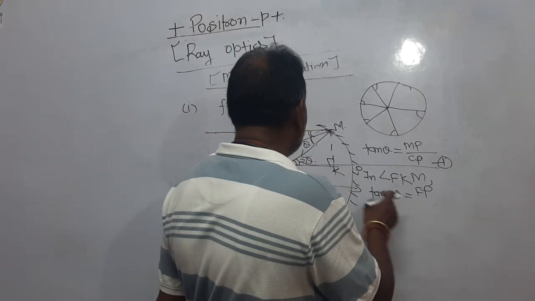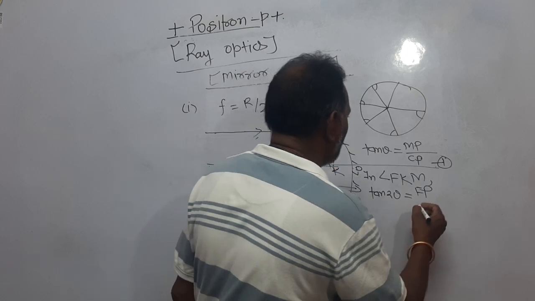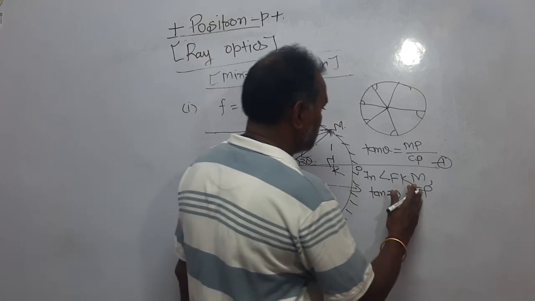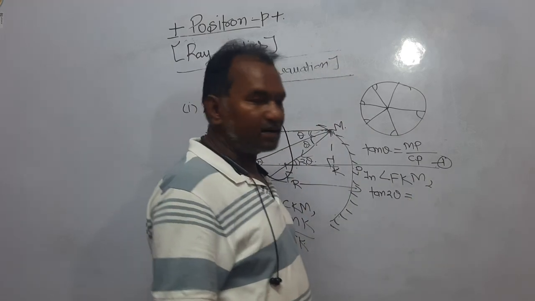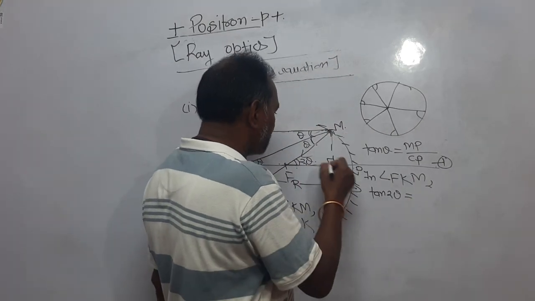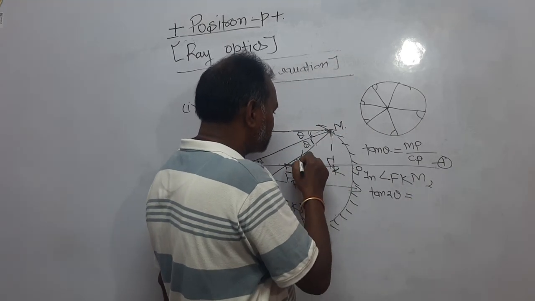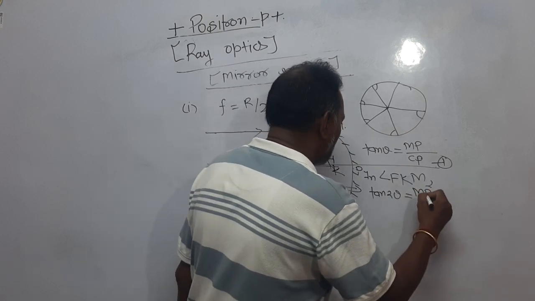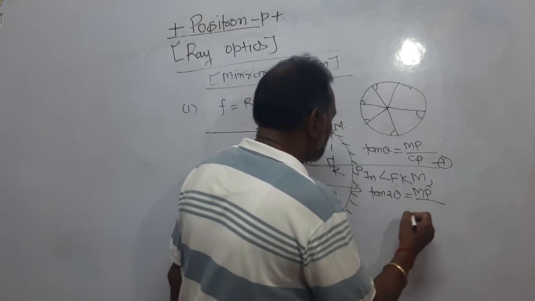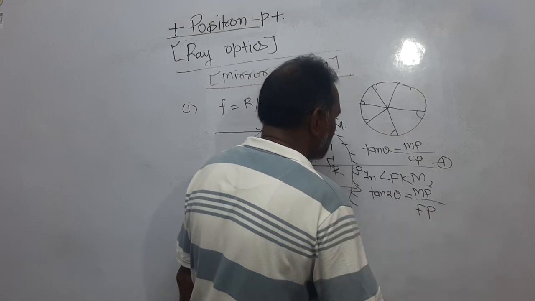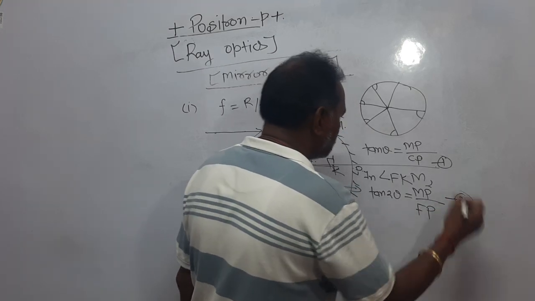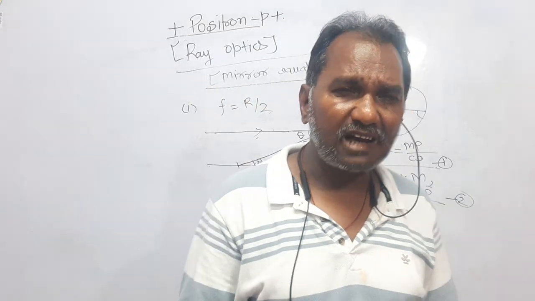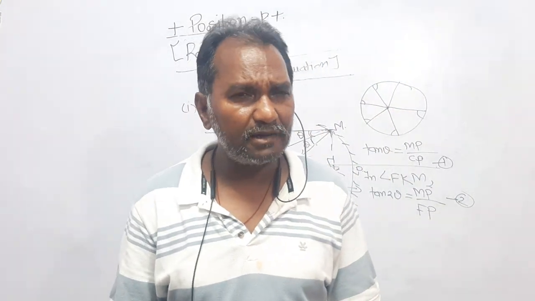So tan 2 theta equals FP divided by MP. Sorry, tan is perpendicular upon base. In this right angle triangle, for this angle 2 theta, this is the perpendicular. So it is MP over FP. This is equation 2.